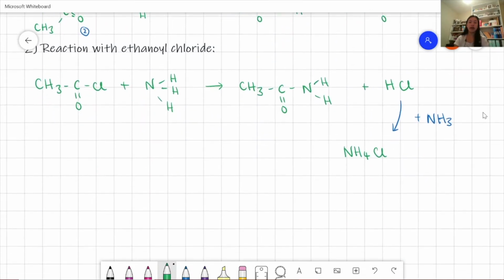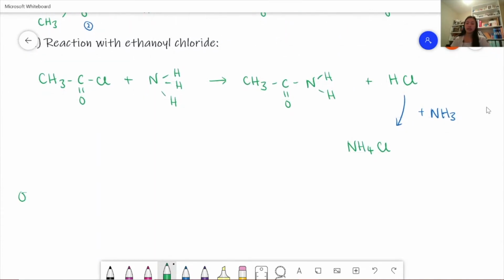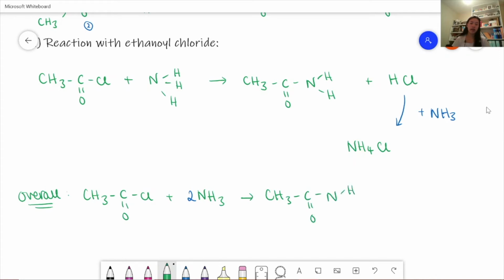So overall what we have is CH3, C double bond O, Cl plus 2 moles of NH3 to form CH3, C double bond O, NH2, and NH4Cl.